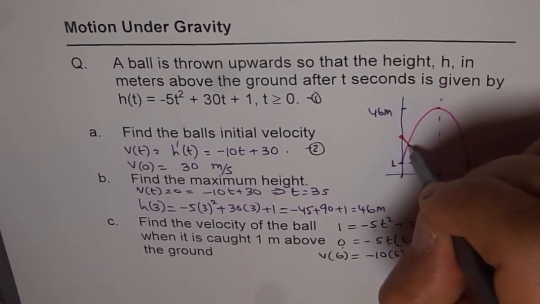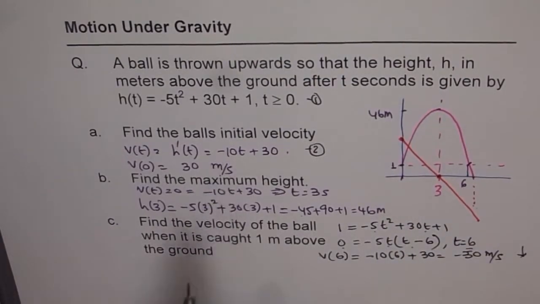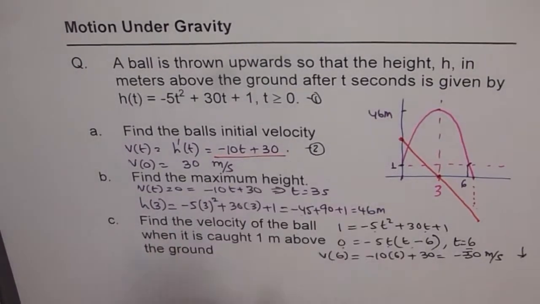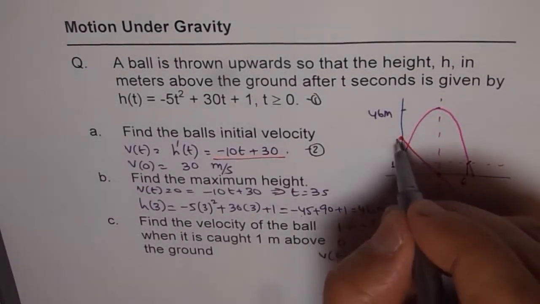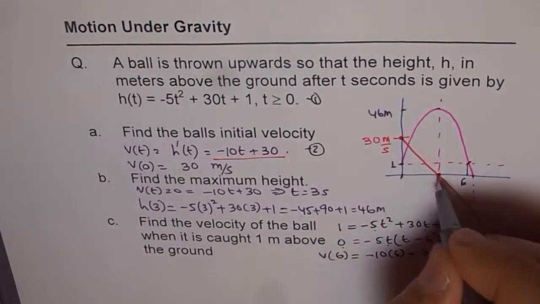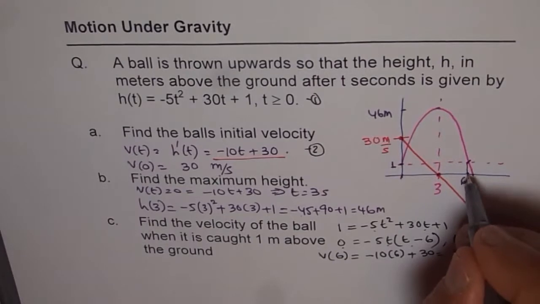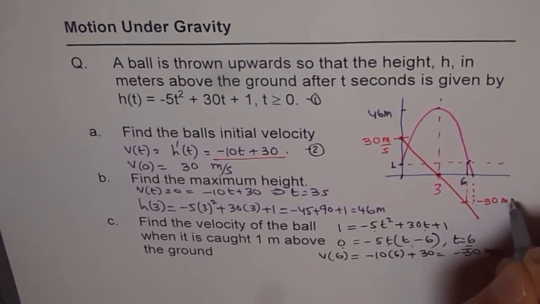So it will be a straight line like this, represented by the equation 30 - 10t. This point is 30, with units of meters per second, and this is 0. We found that at t equals 6, it was -30 meters per second.